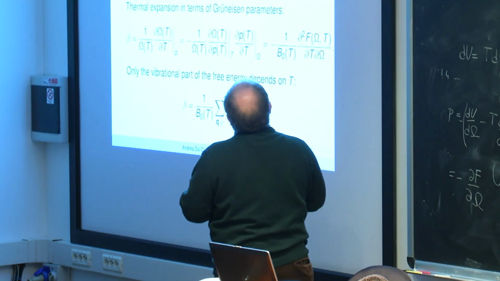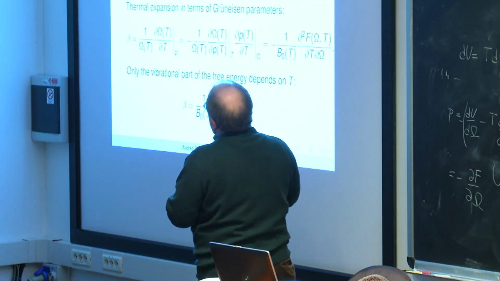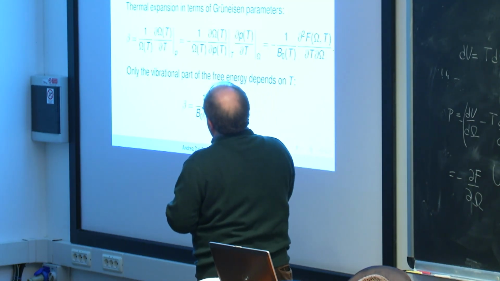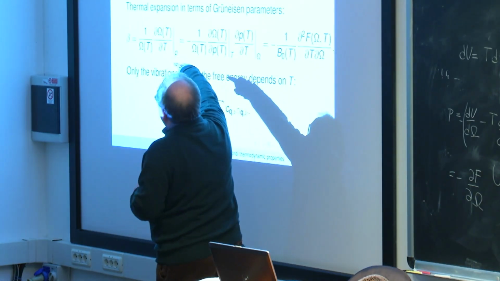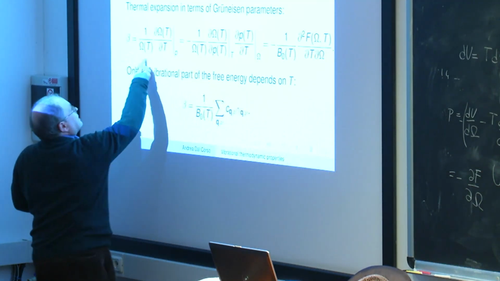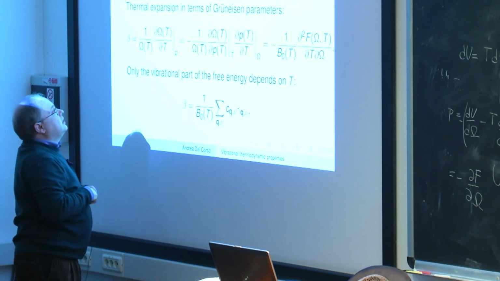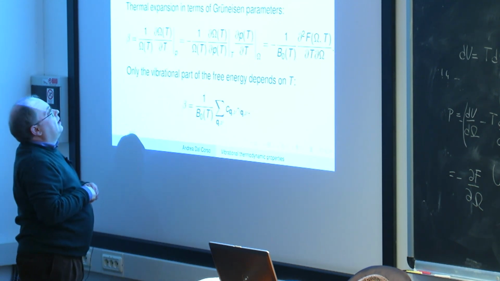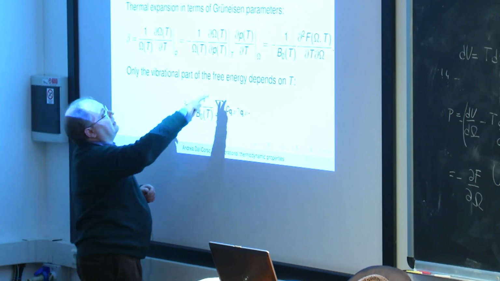So, thermal expansion from Grüneisen parameters. Instead of doing the procedure that we have seen before, minimizing the free energy and calculating the thermal expansion with an expression like this, what you can do is to use some relationship.